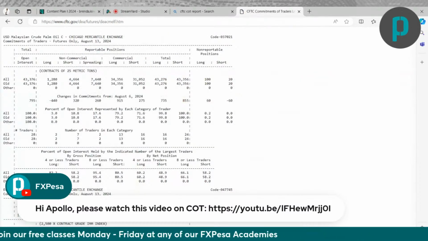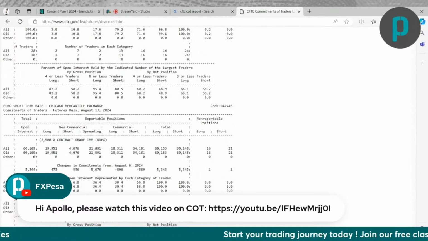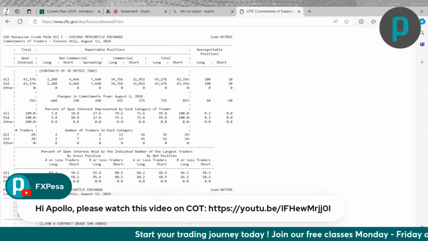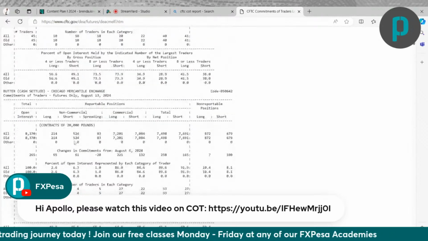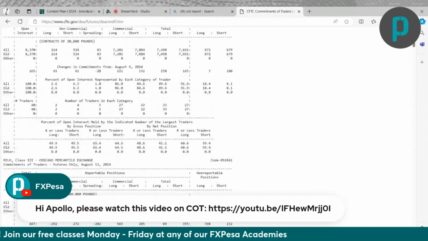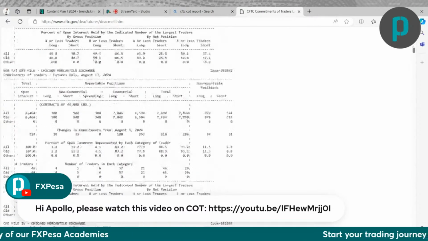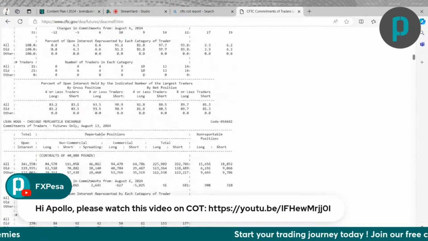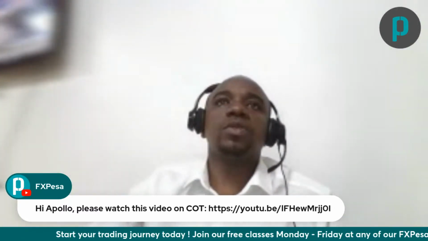So here they are. You should see positions of different assets. If you're looking at the euro, you should see where the euro is at. You just need to go to different assets. If it's milk, you'll see how milk is performing. All these assets are here. So CFTC is where you really need to go. Okay. Any other question?